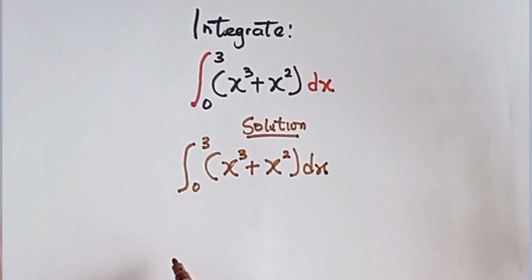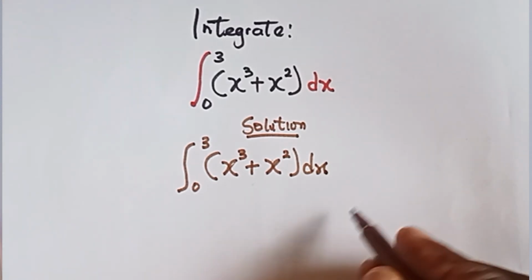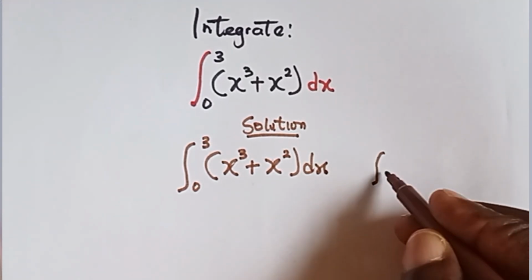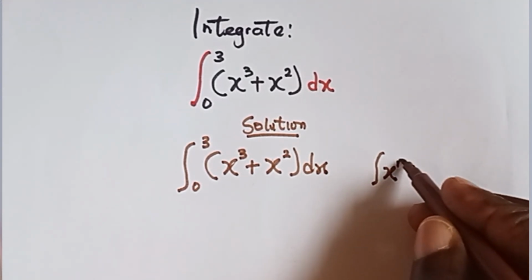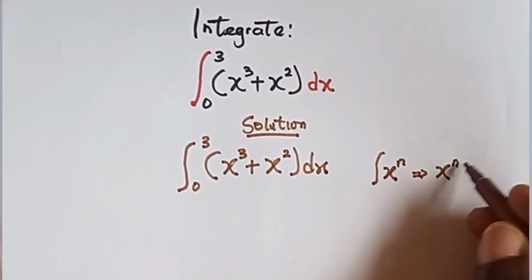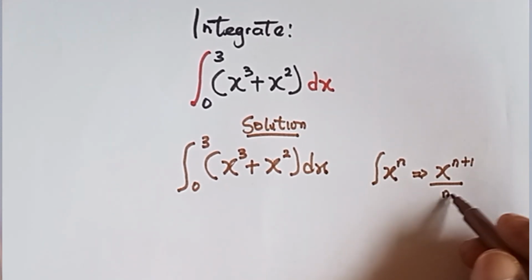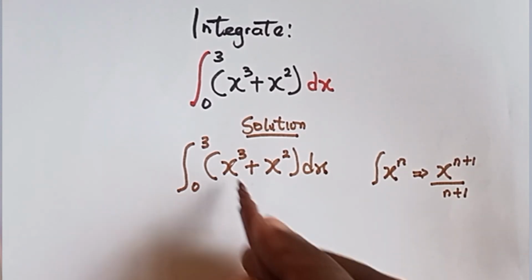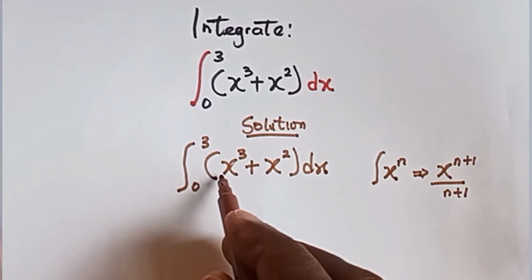In one of the rules of integration, we say if we have the integral of xⁿ, it gives xⁿ⁺¹ over n+1. That's what we're going to do to each of these terms.